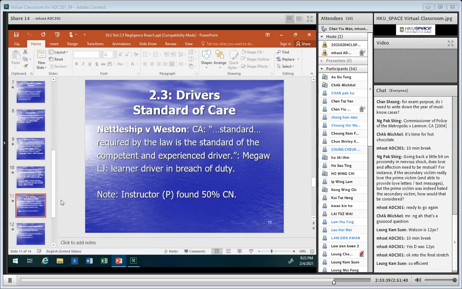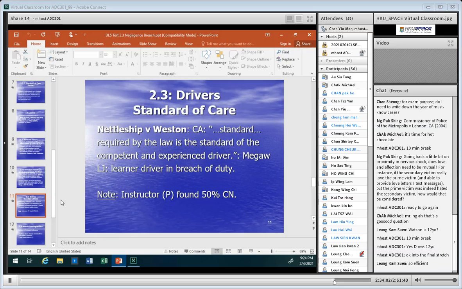And a competent and experienced driver wouldn't have caused the accident by crashing the car, okay? A competent and experienced driver wouldn't be so nervous and inexperienced. And so the learner driver was in breach of the duty in Nettleship and Weston. Interesting.